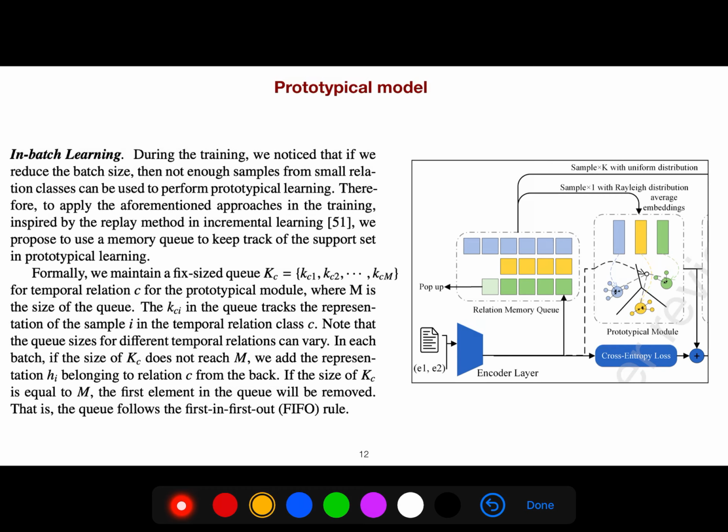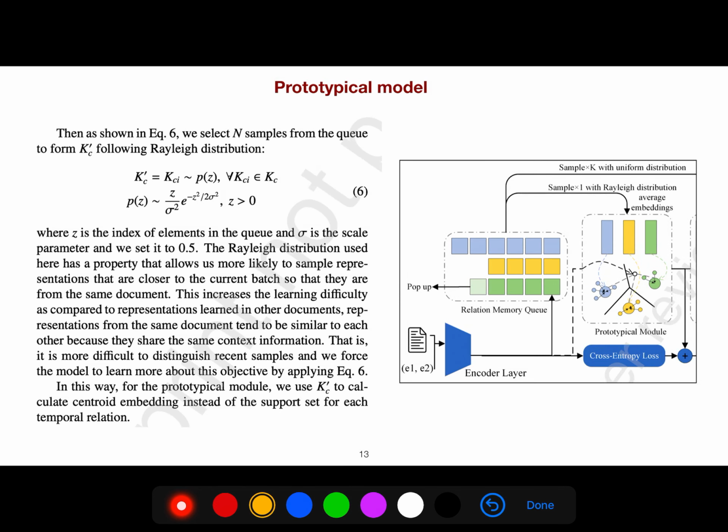And then we maintain a fixed-size queue for each temporal relation for the prototypical module, and M is the size of the queue. Then we select N samples from the queue following this Rayleigh distribution.